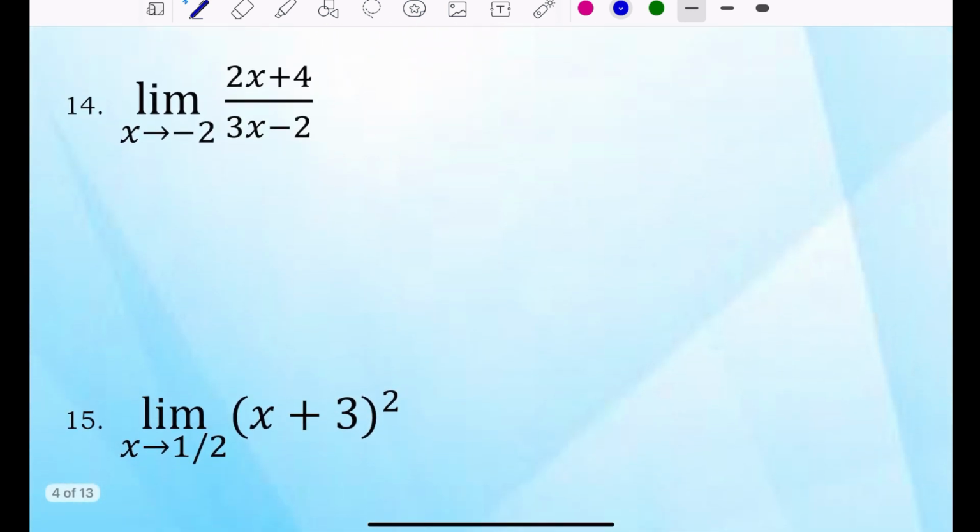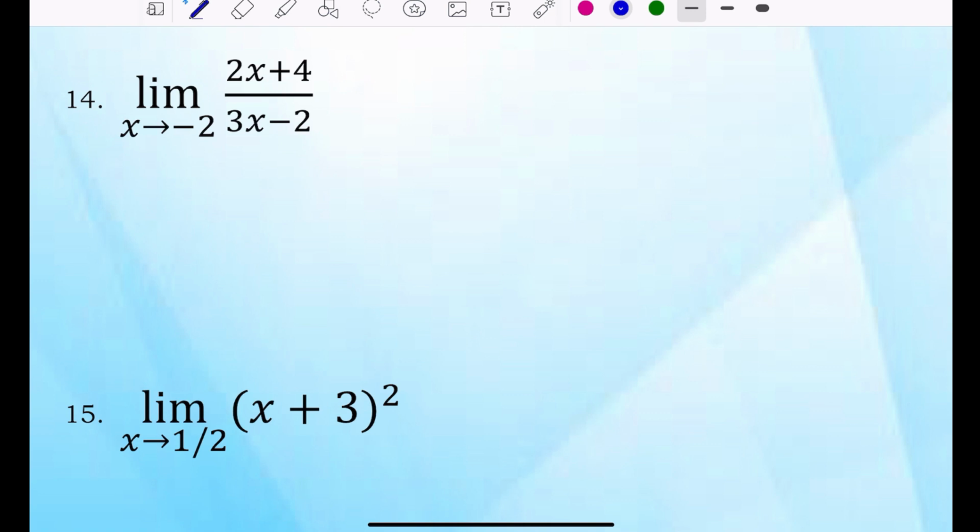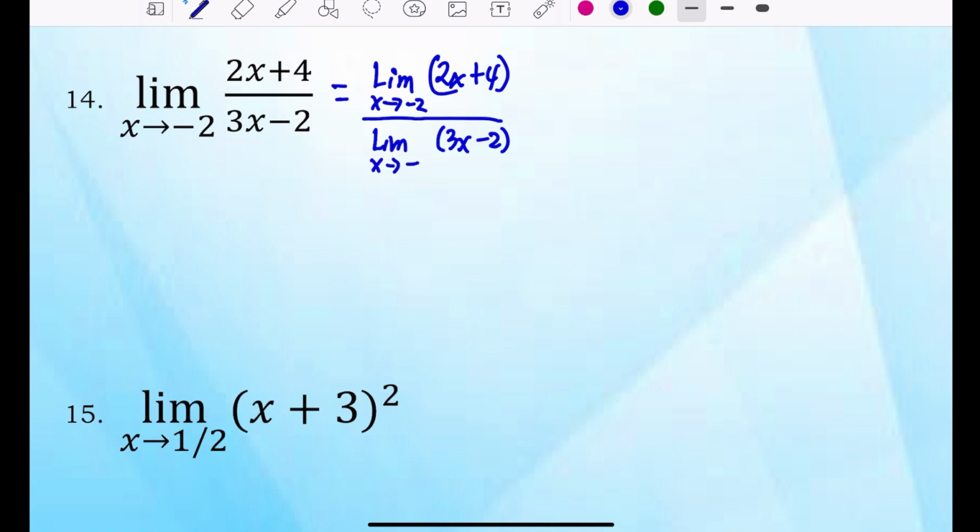Number 14. The limit of 2x plus 4 over 3x minus 2 where x approaches negative 2. So this is equal to the limit of the numerator 2x plus 4 where x approaches negative 2 over the limit of 3x minus 2 where x approaches negative 2. So we're going to find the limit of the numerator and the limit of the denominator.